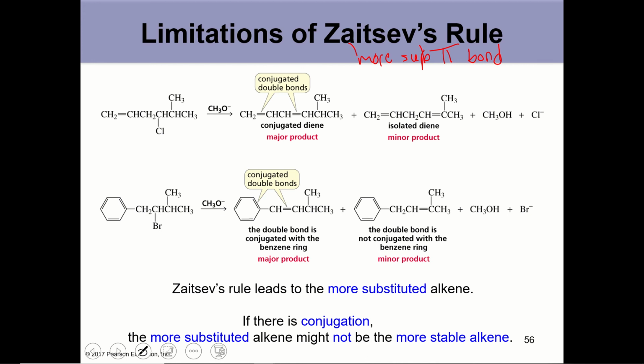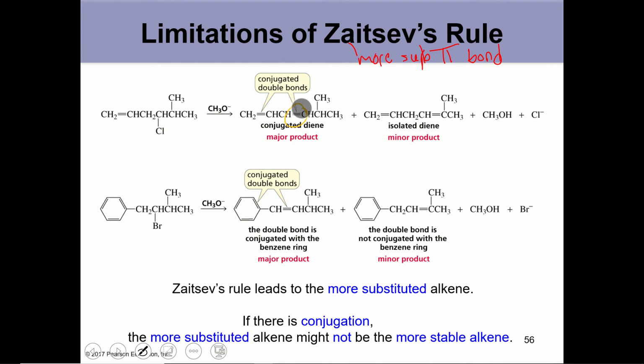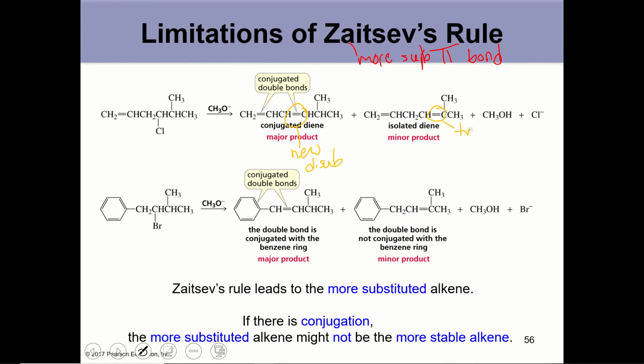So in this case, the major product for the first reaction that we're showing is a conjugated diene, and the new pi bond is only di-substituted, but it's conjugated. And we have delocalization energy because it's conjugated. Now, on the minor product, the new pi bond is tri-substituted, but it's an isolated pi bond that does not have delocalization energy.